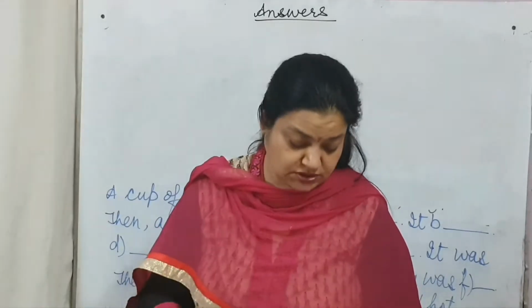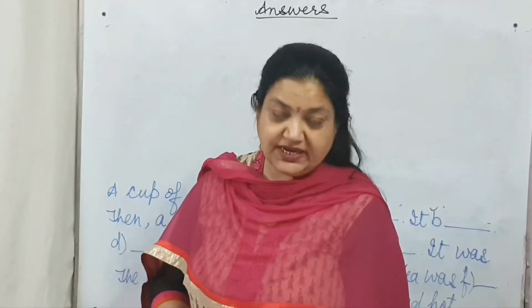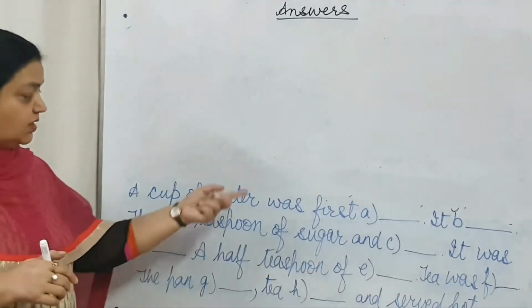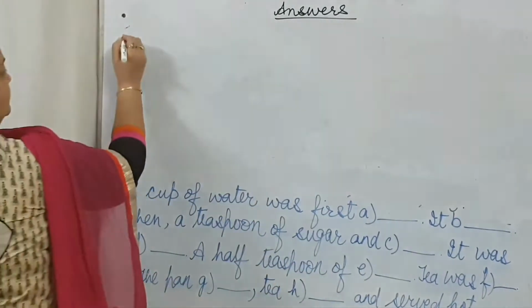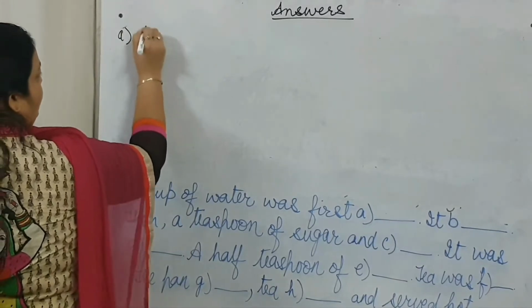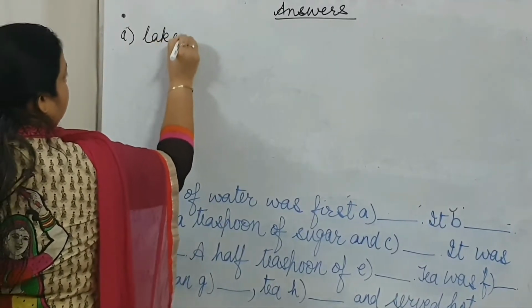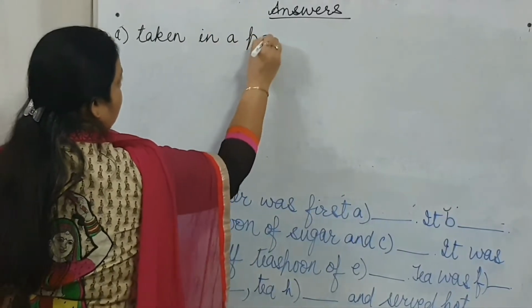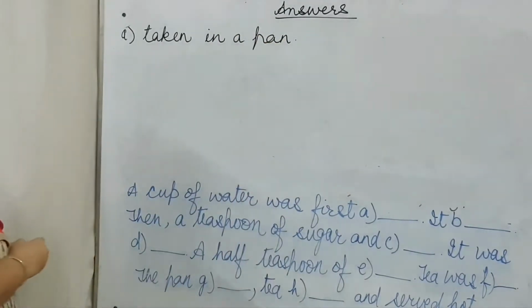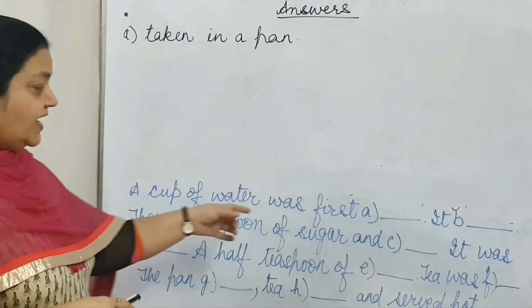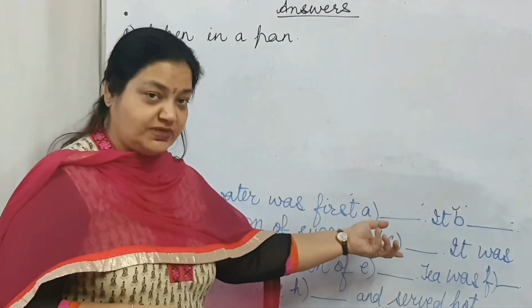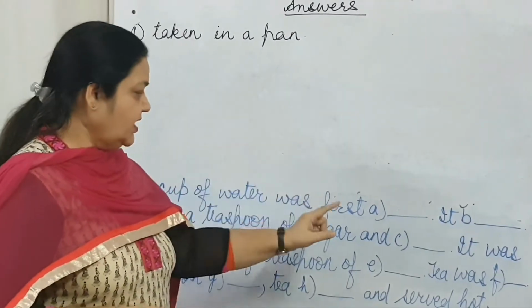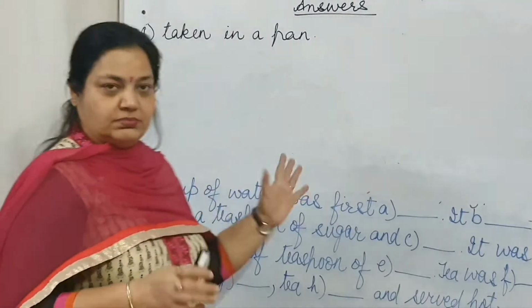First instruction was take a cup of water in a pan. And it says a cup of water was first taken in a pan. Now that much part of the sentence was also missing. So I had to write taken in a pan. It dash.